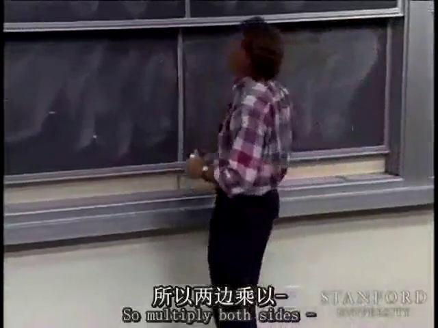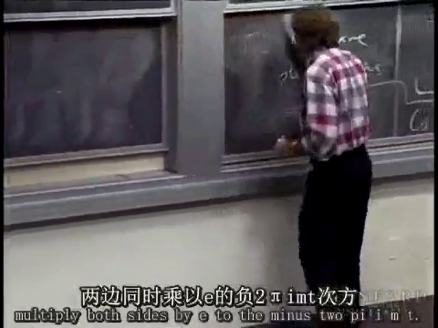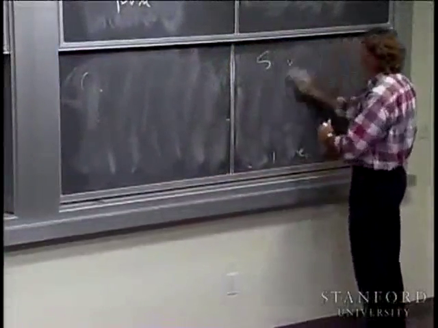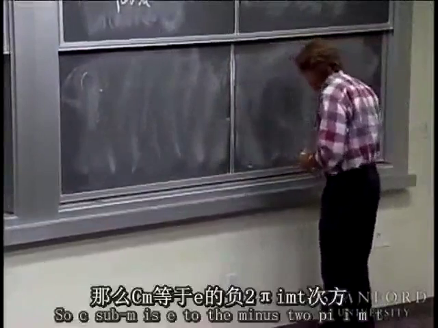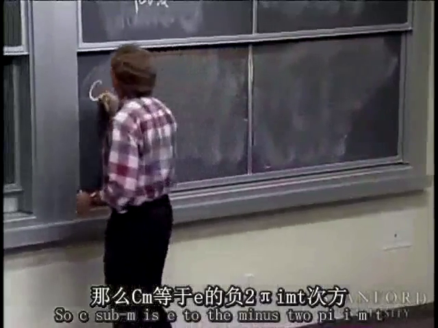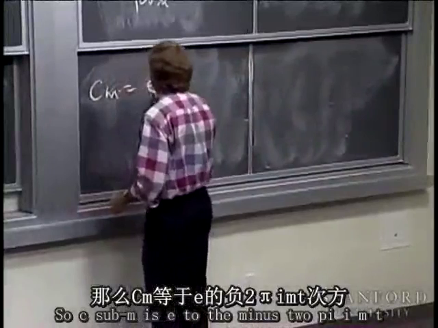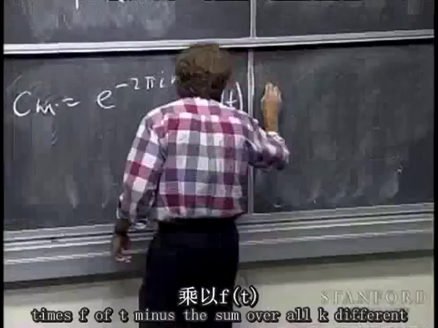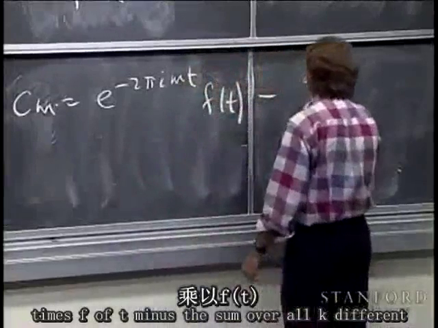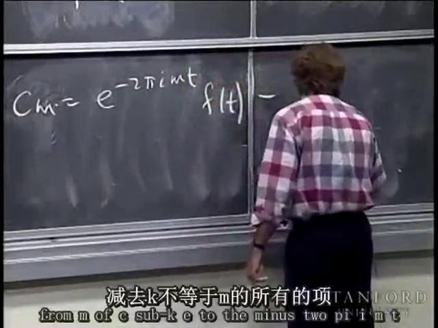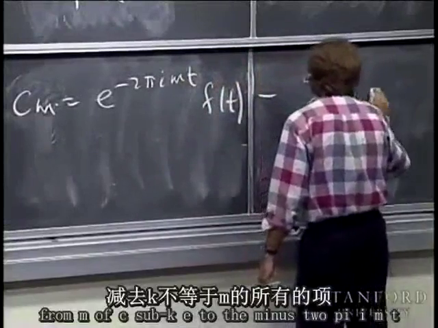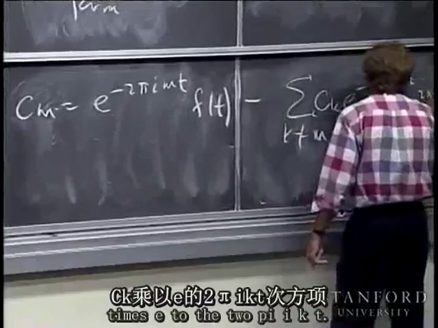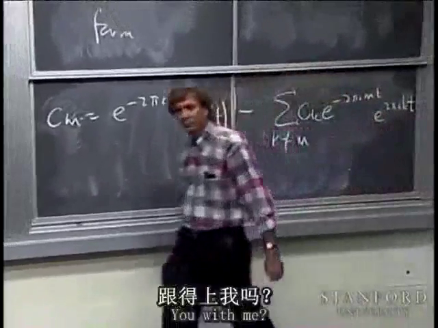So multiply both sides by e to the minus 2 pi i mt. So c sub m is e to the minus 2 pi i mt times f of t minus the sum over all k different from m of c sub k e to the minus 2 pi i mt times e to the 2 pi i kt. You with me?